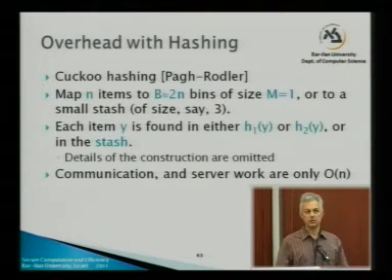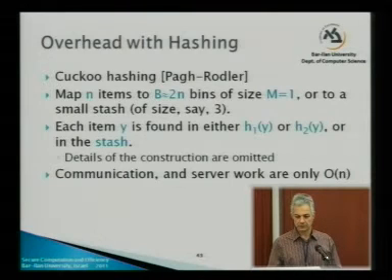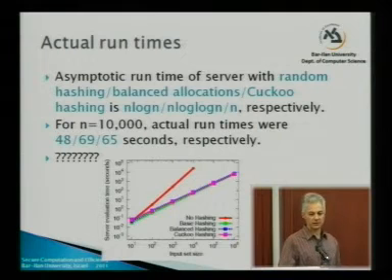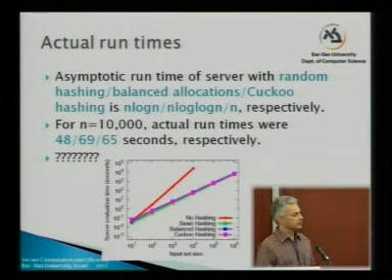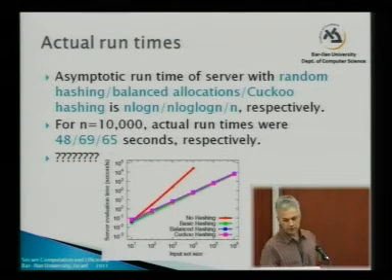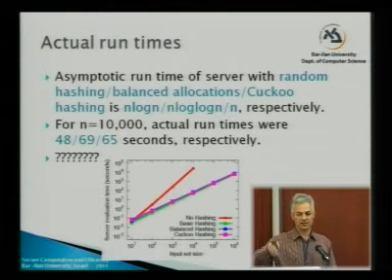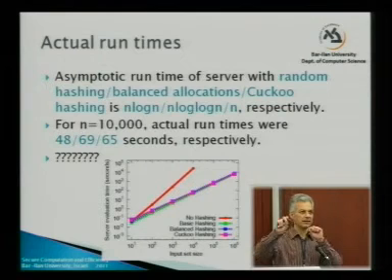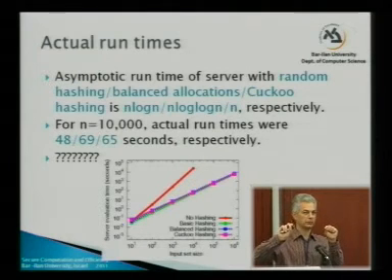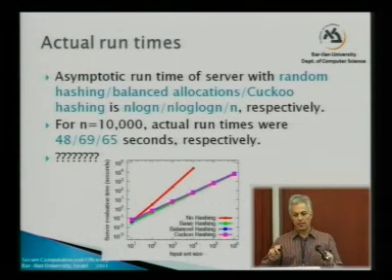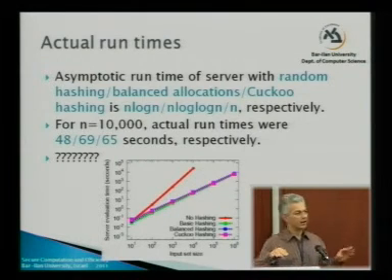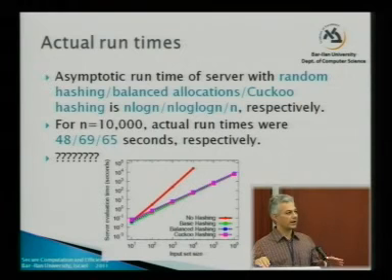And then we set out to actually examine these results, and we did some experiments. So here are the experiments. The asymptotic runtimes for the three versions we had: the random mapping, the balanced allocations where we map an item to one of 2 bins, the least occupied bin, and the cuckoo hashing, are n log n, n log log n, and n.